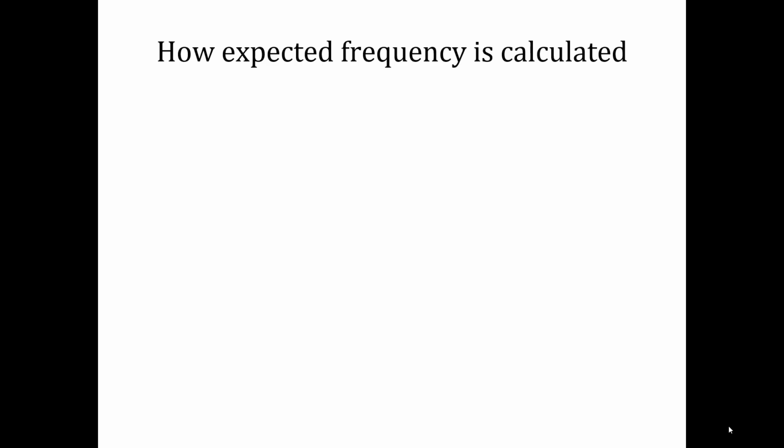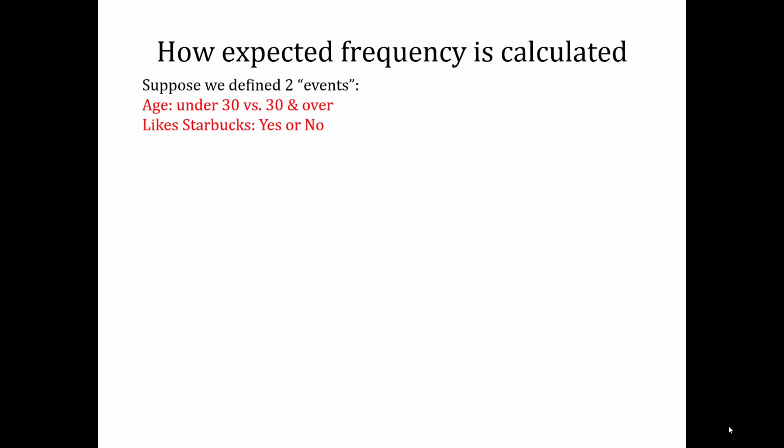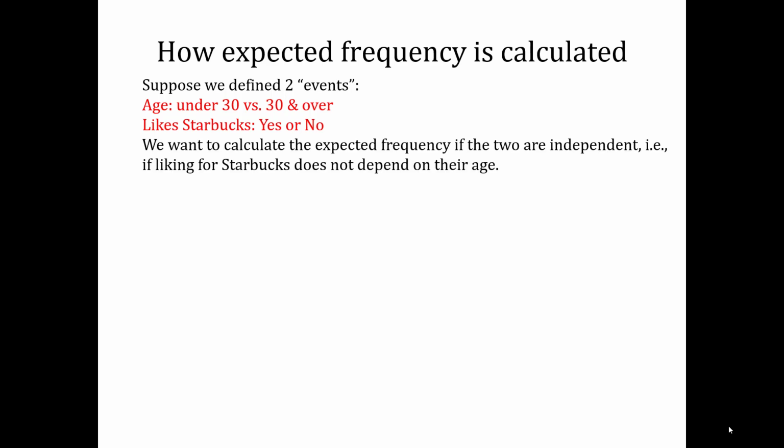Let's take a quick look at the logic for calculating expected frequency. Suppose we defined two events as 1, whether someone is under 30 years old or 30 and over, and 2, whether they like Starbucks. We want to calculate the expected frequency if the two are independent.